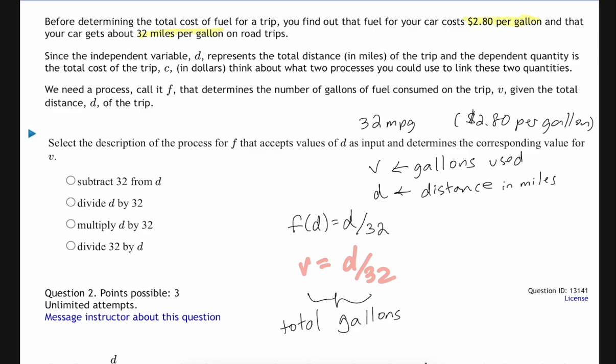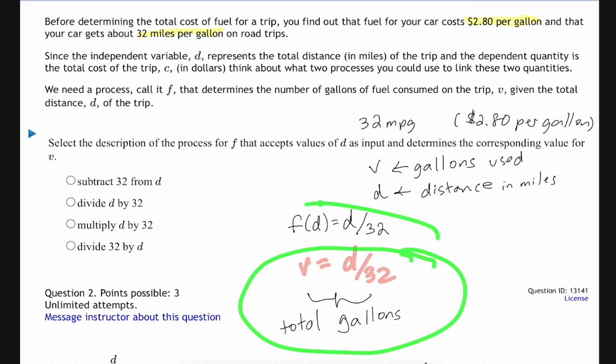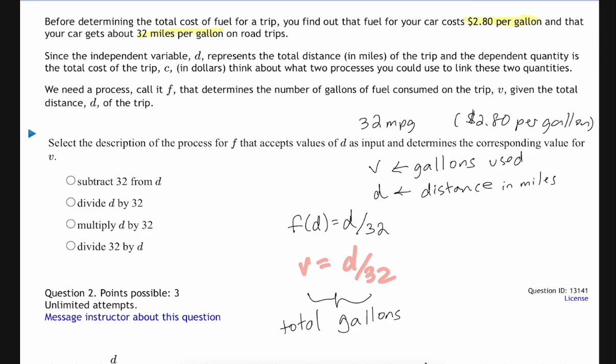So what I started with was, if I drove 32 miles and I'm getting 32 miles per gallon, that would take me 1 gallon, right? If I drove 64, divided by 32, I'd need 2 gallons of gas and so on. So I think what they're trying to get here is that to figure out how many total gallons we need, we have to divide that D value by 32.